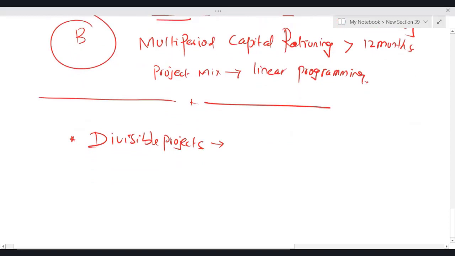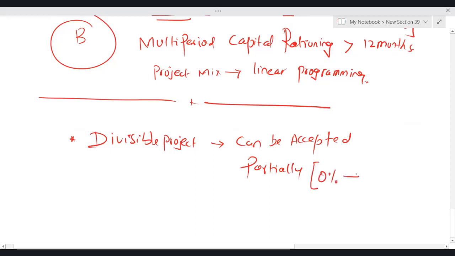If the project is a divisible project, it can be accepted partially. If I quantify this, it could be within a range of 0% to 100%. If you don't want to invest, don't invest, 0%. If you want to accept this project 20%, you can do that. 50%, 60% is up to you.